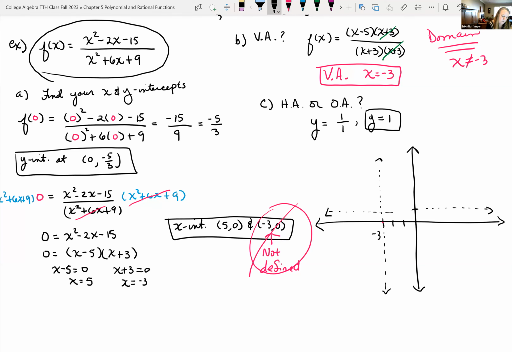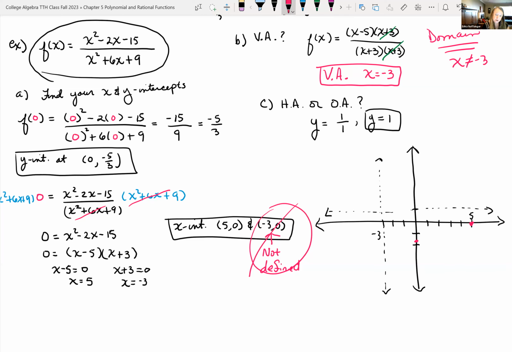And so we actually only have one x-intercept, which is at +5. And then we had a y-intercept at -5/3. So that is -1 2/3, which is about -1.7. So we have a point about here.